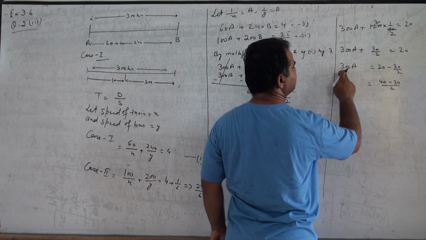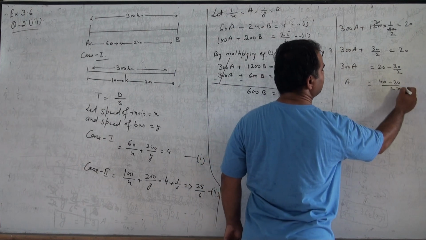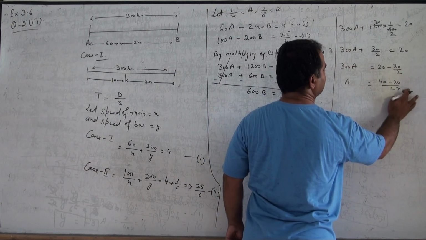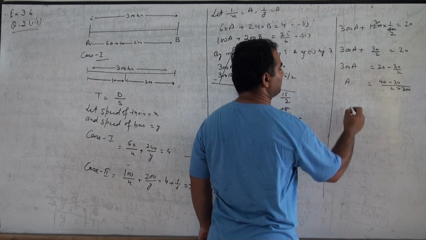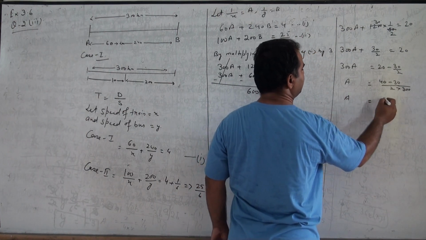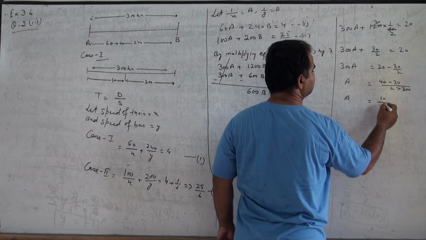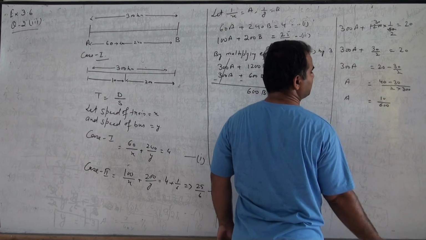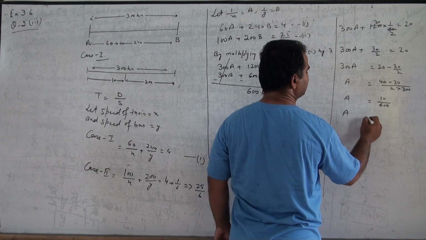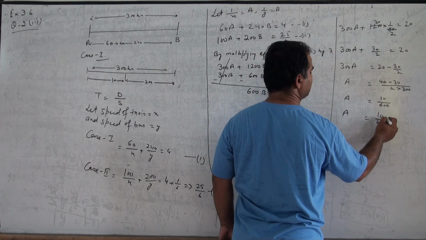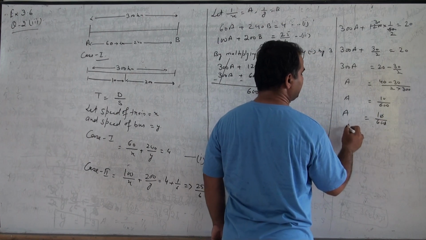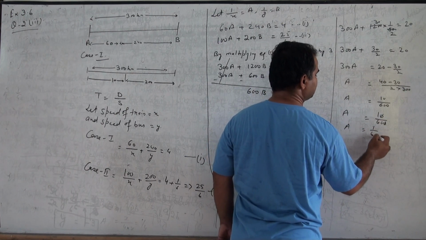And this 300 will come to the denominator side. What is 20 minus 15? It will be 5 upon 300, or 1 by 60.